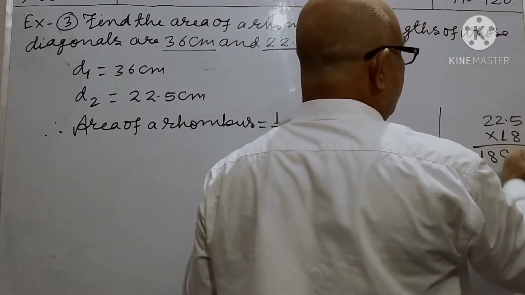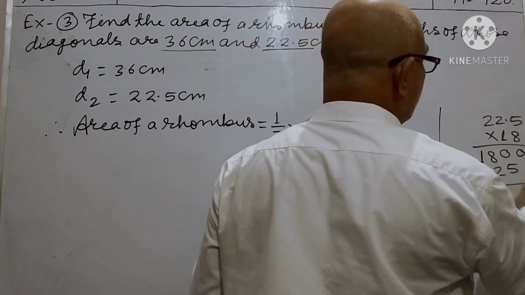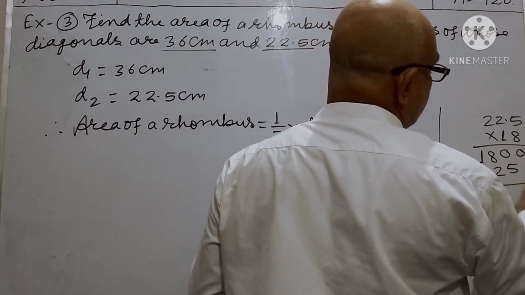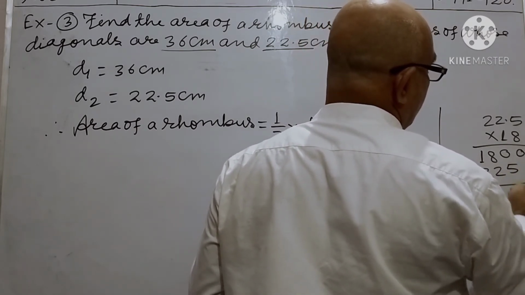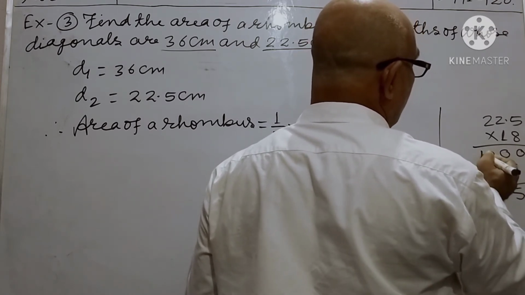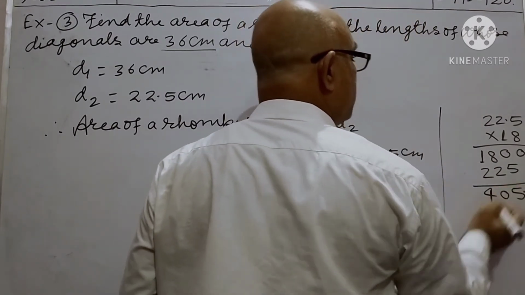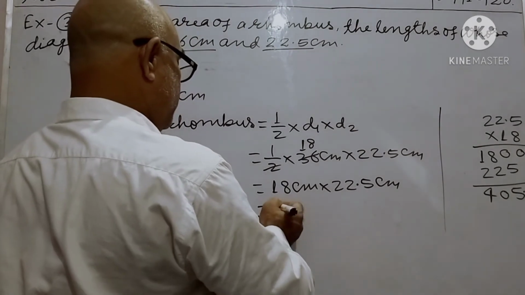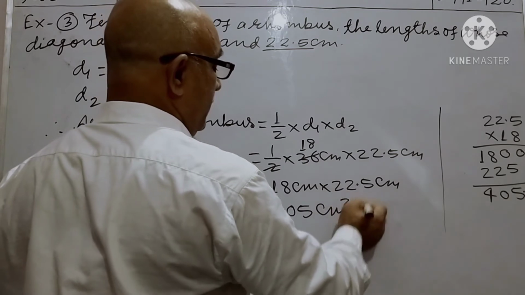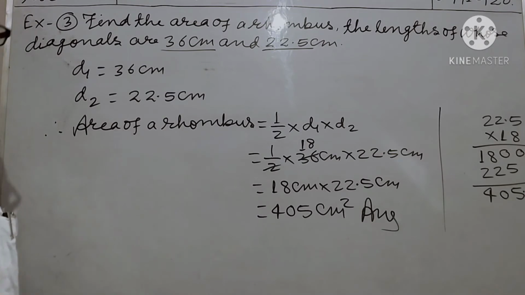Now add it. Decimal after one digit, so 405 centimeter square. Answer of this question. Students, understand and write it.